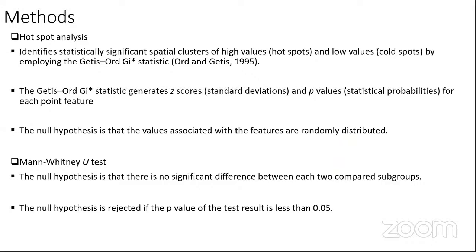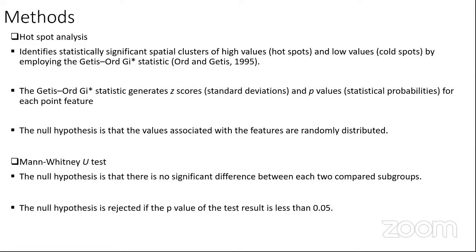I mainly use 2 methods for this analysis. First is the hotspot analysis. The hotspot analysis identifies statistically significant spatial clusters of high values, which are the hotspots, and low values, which are the cold spots. It employs the Getis-Ord Gi* statistic.